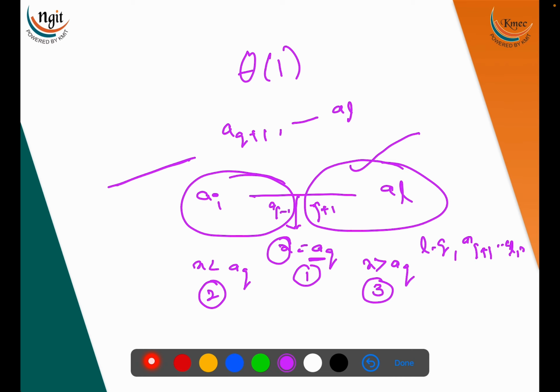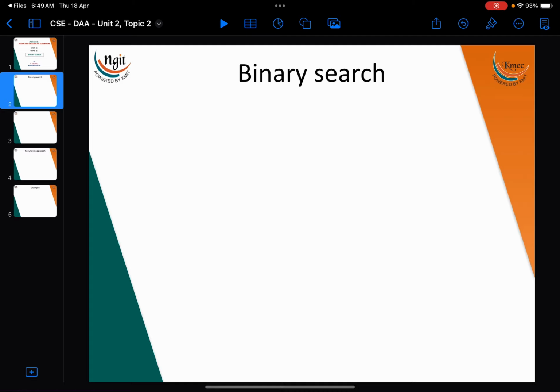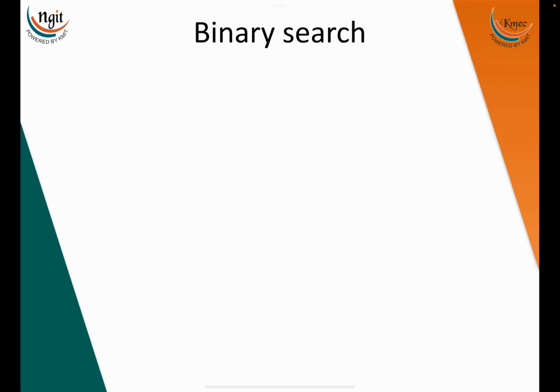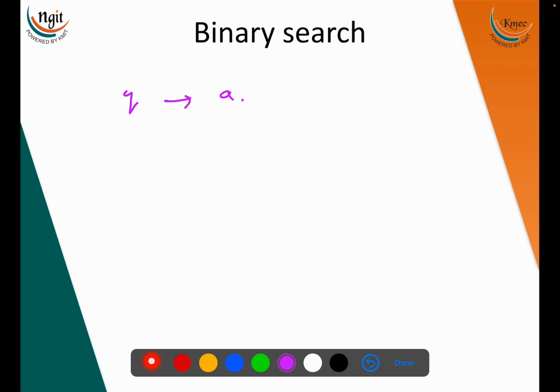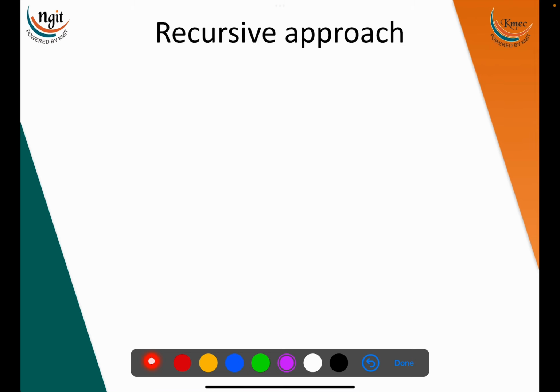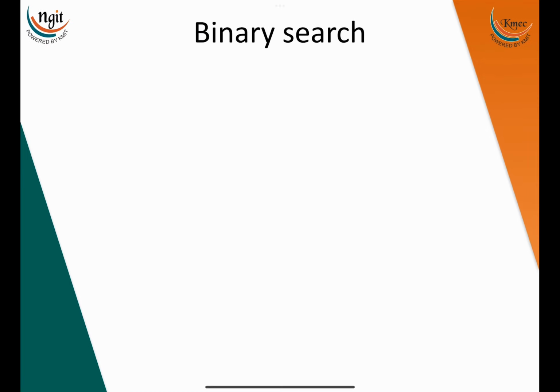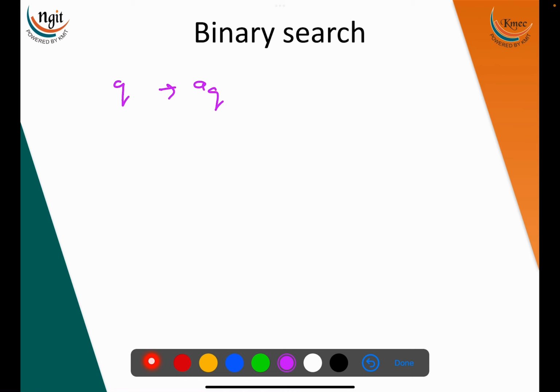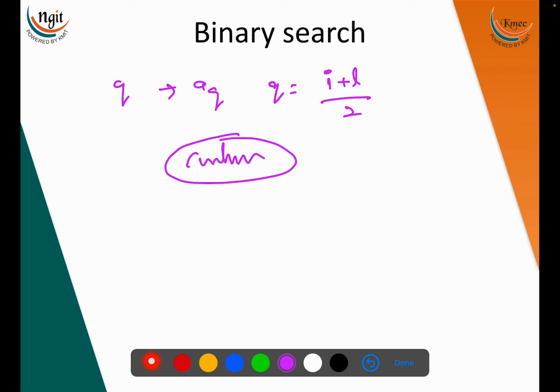If q is always chosen such that a_q is the middle element, that is q equals (i+l)/2, then the resulting search algorithm is called binary search. Note that the answer to the new subproblem is also the answer to the original problem P. So what does it mean? There is no need for combining the solutions.